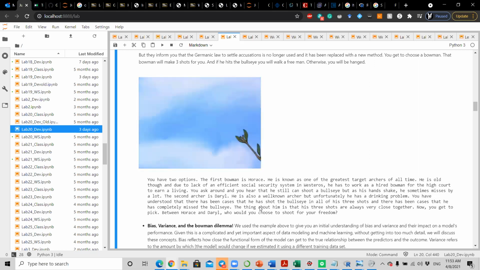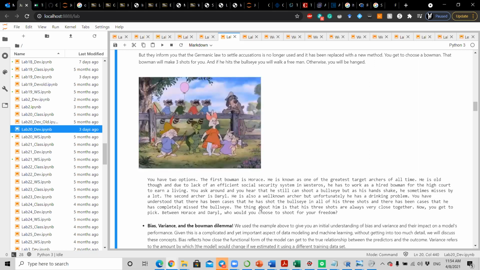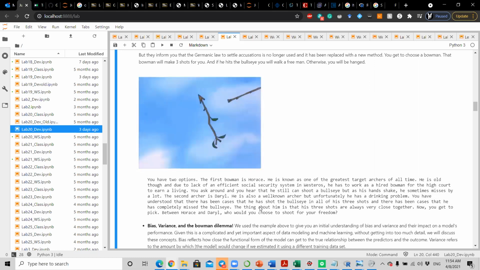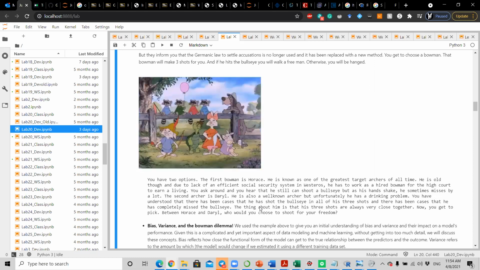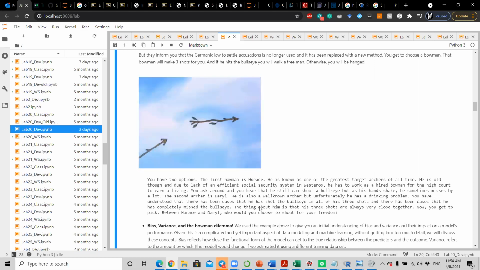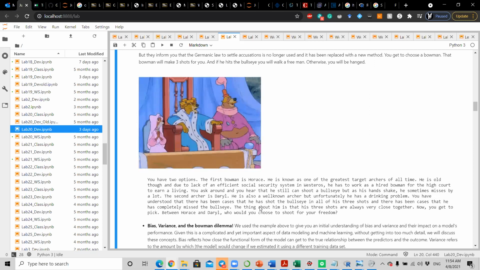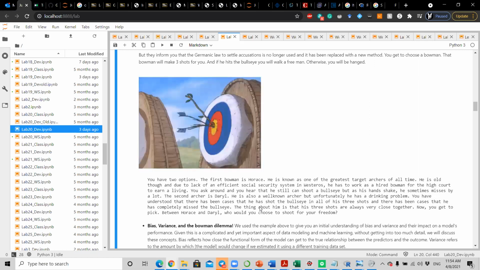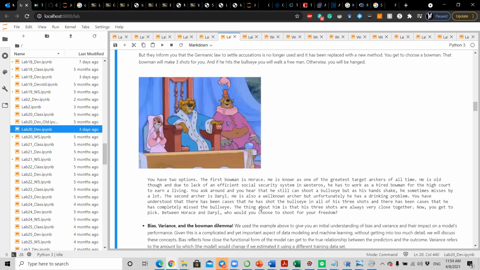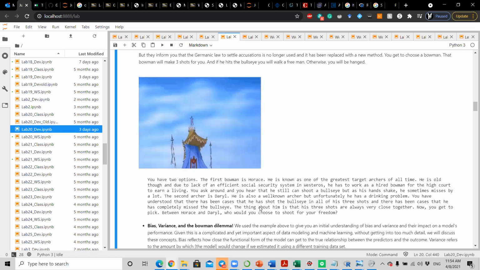So basically, when we're picking between the 2, we're picking between accuracy and precision. Like, which one do we want? Okay, that's one way of looking at it. Harper also said precision. Now, you get to pick between Horus and Daryl. Who would you choose to shoot for your freedom? Cast your votes in the chat box.